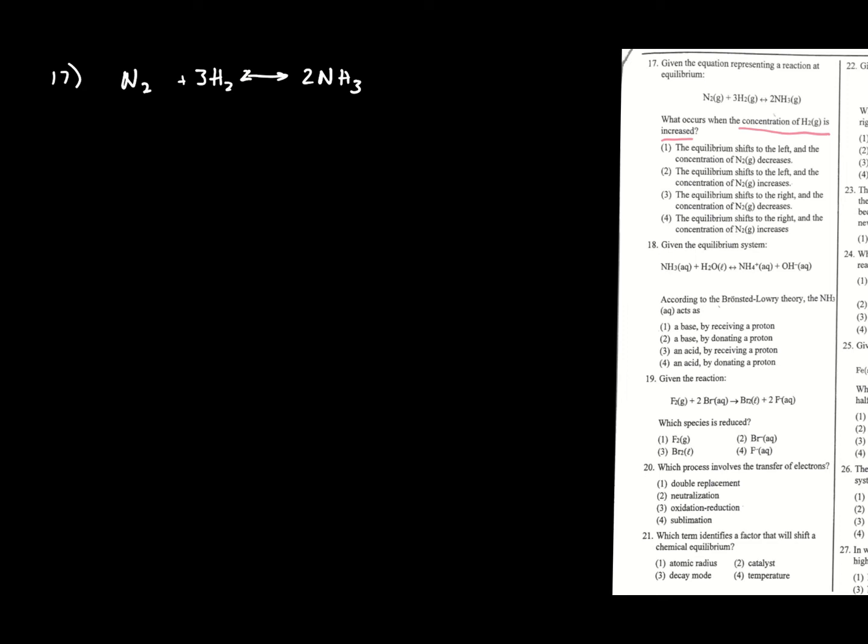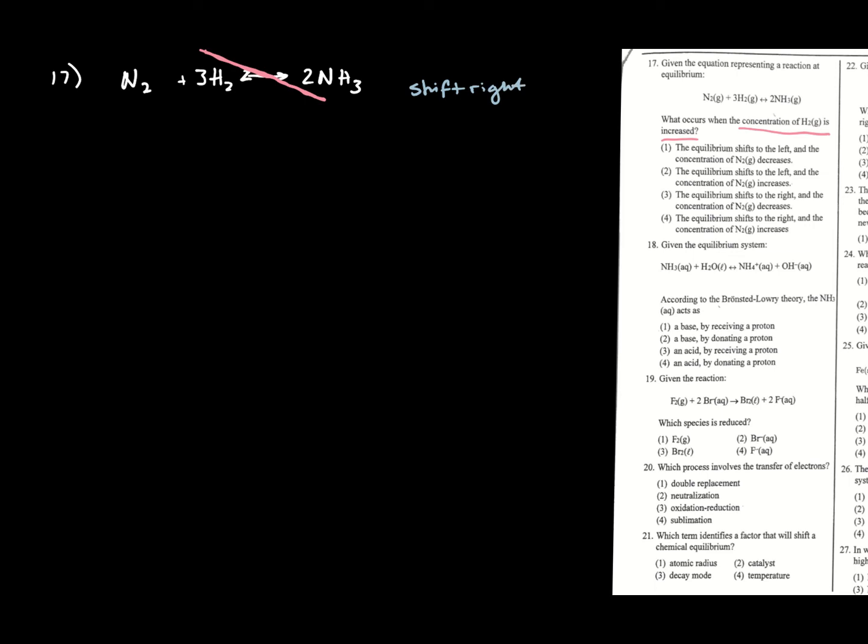So our ramp is going to look like this because H2 increases. That's our ramp. So we lift up the side with H2 because it's increasing as the stress. The ramp lifts up on the left side. And now because the ramp is oriented that way, this is a shift right. So it's going to go to the right.